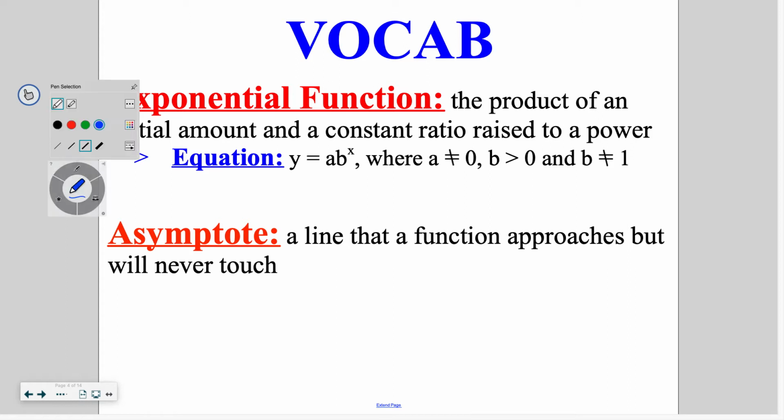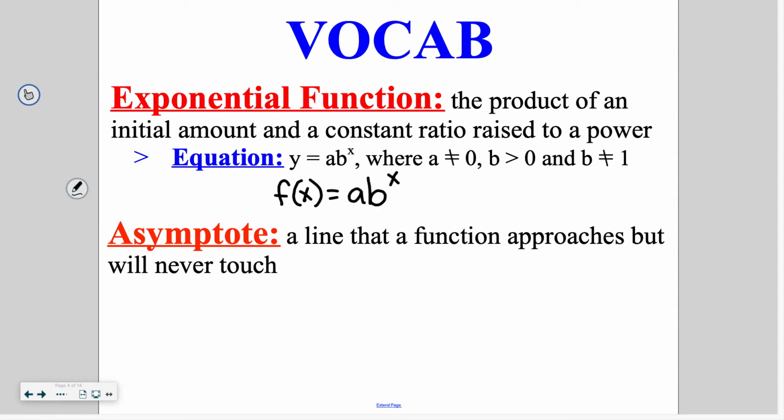You're also going to see this written in function notation, so f of x is equal to a times b to the x. Notice also that this exponent is attached to the b and not to the a. So if it makes you more comfortable to put parentheses around that b value so that you know the exponent is only attached to the b, you can go ahead and do that.